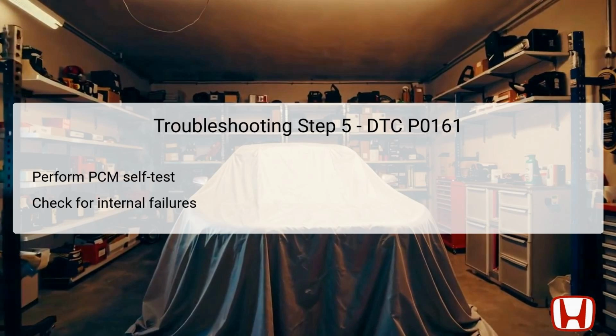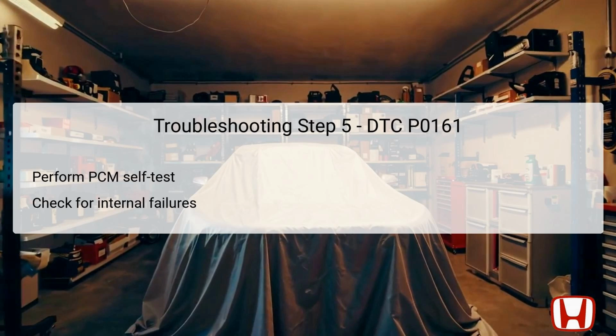The fifth step is to perform a self-test of the PCM to check for any internal failures that might affect its functionality. Utilizing a diagnostic tool that can interface with the PCM's self-diagnostic functions is essential. This step ensures that the control module is operating as expected and that it can regulate the heater circuit for the sensor properly.